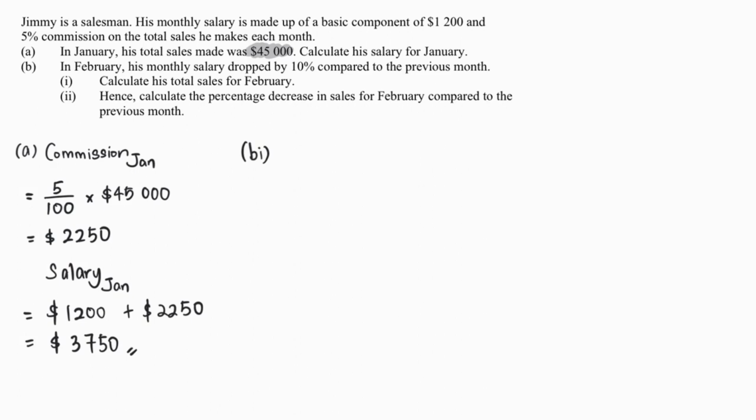So since it dropped by 10%, it simply means that the monthly salary for February will be equals to 90%. Why 90? Drop by 10% means minus 10%. And this is of the previous month salary.